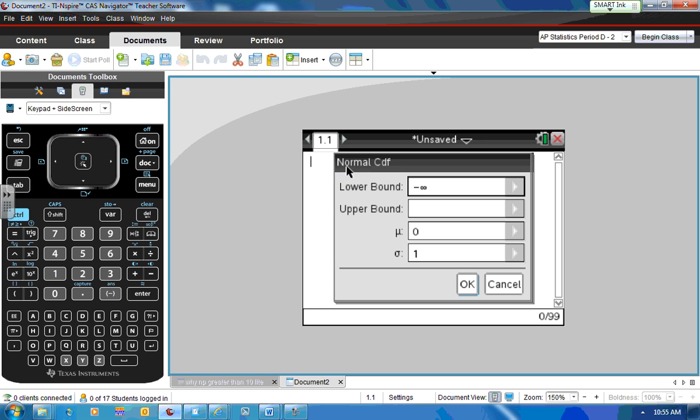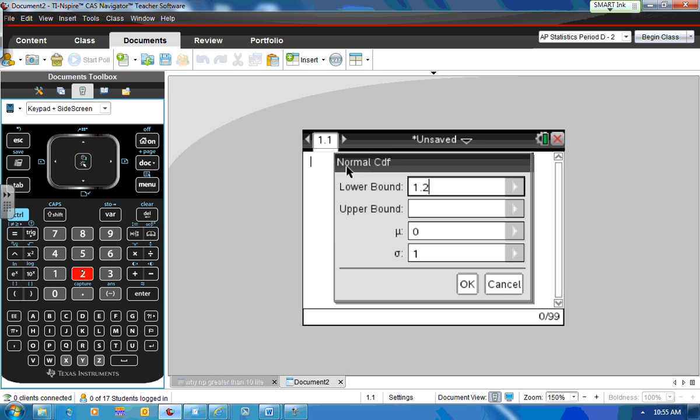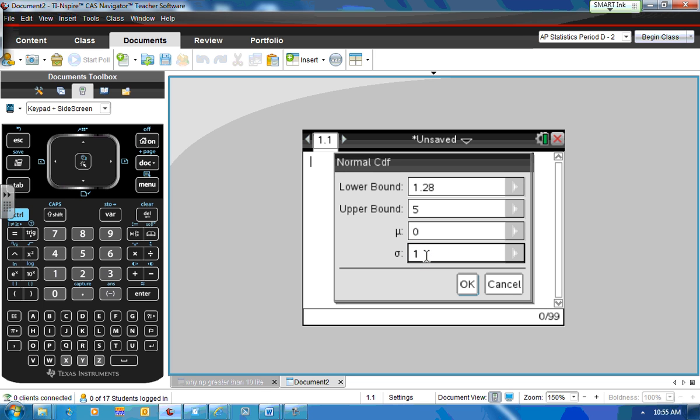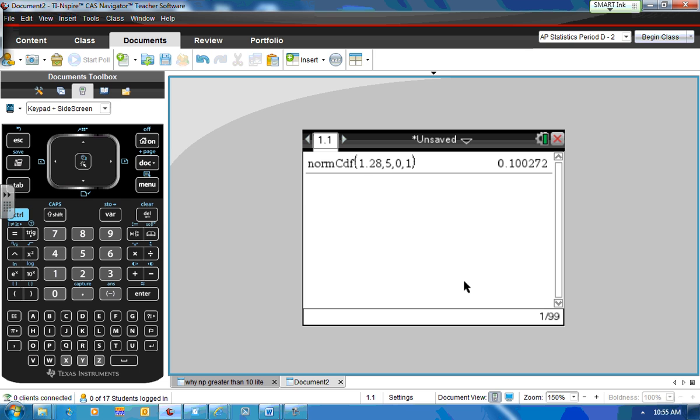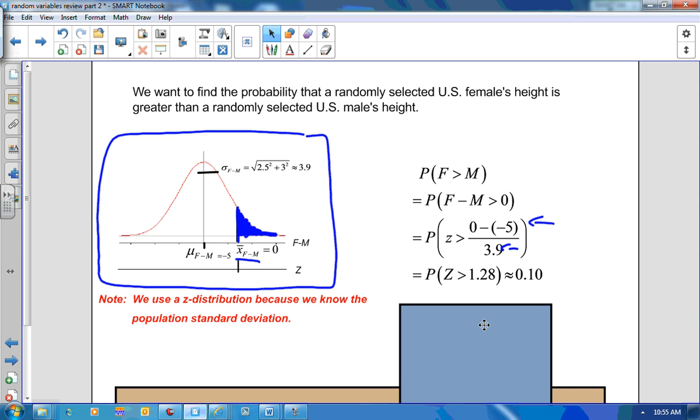My lower bound on the scale of z was 1.28. My upper bound, as long as I go 5 standard deviations away, I should encompass most of it. I'm doing it on the scale of z, so I have a mean of 0 and a standard deviation of 1 for the standard normal curve. And I see that that cumulative area is about 0.1. And that's what we got right here.